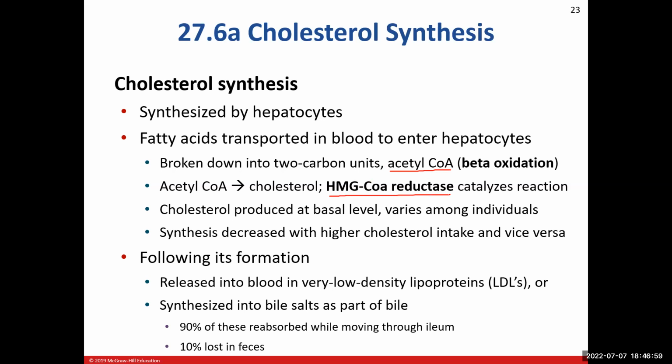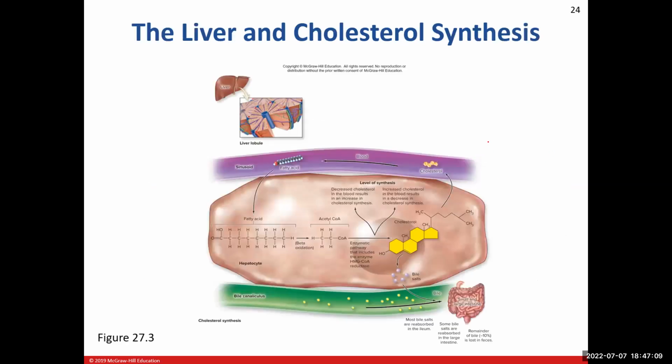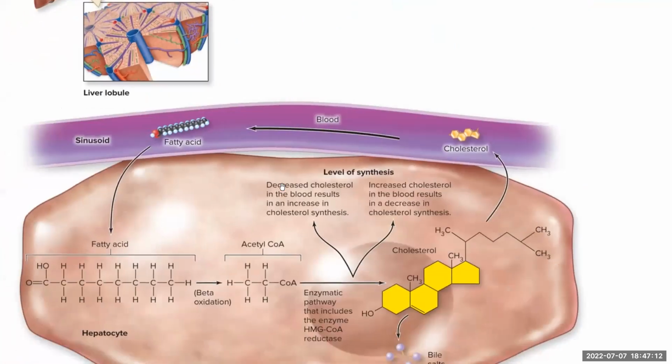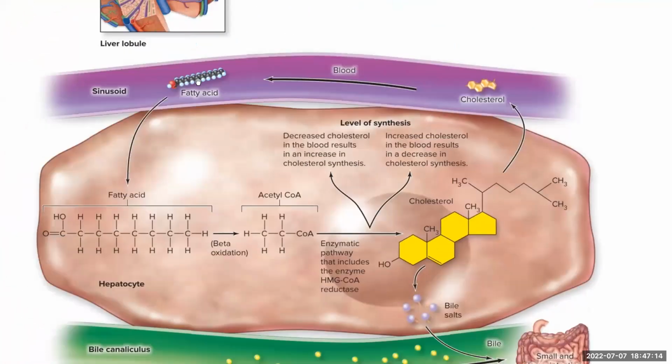This is going to get that process going. From that beginning point with the acetyl-CoA and with that enzyme, we are going to wind up with our cholesterol. So if I zoom in here, here's our fatty acid floating through the blood, enters into the liver sinusoid, exits out of the sinusoid, enters into the hepatocyte, and then the hepatocyte undergoes that beta oxidation, just cleaving off these carbons until you're left with this 2-carbon structure, acetyl-CoA.